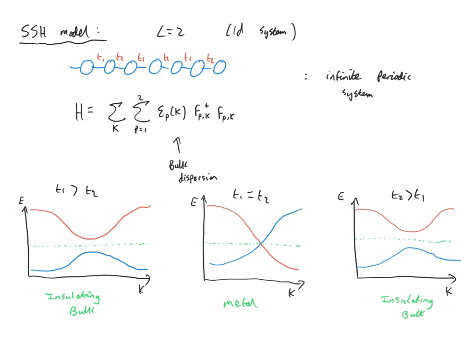And the number of degrees of freedom in the unit cell is exactly the number of bands in our band structure. And we understood that a band structure is nothing else but the diagram showing the fully diagonalized system with the energies of the different bands as a function of the momentum of the system. And we looked at a couple of simple examples of that.